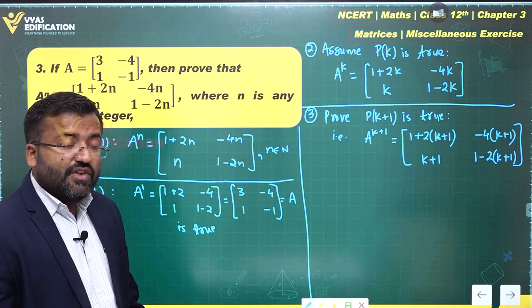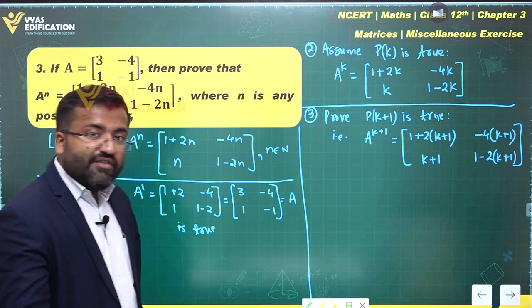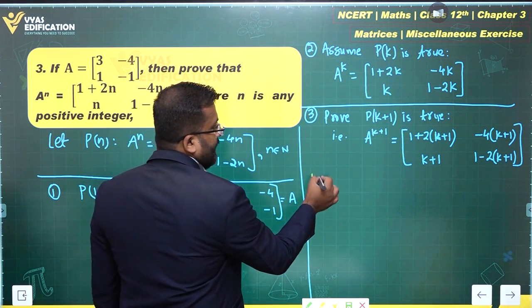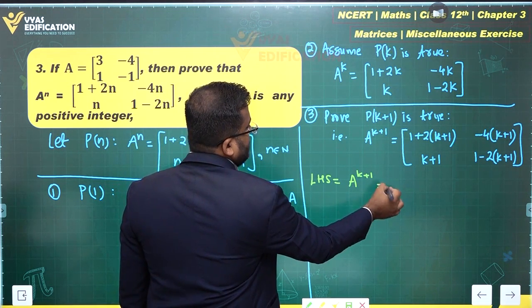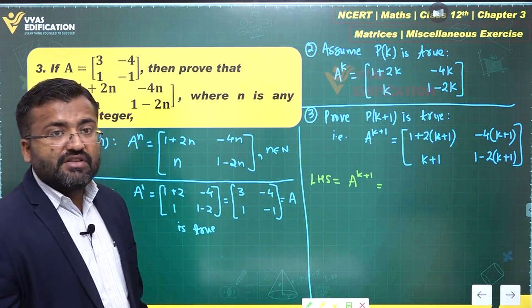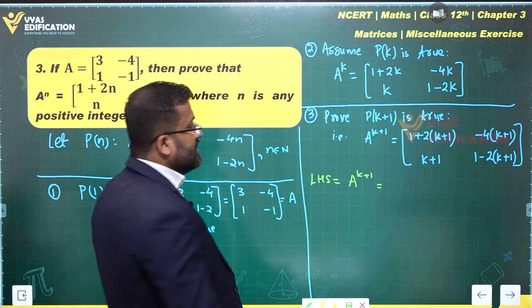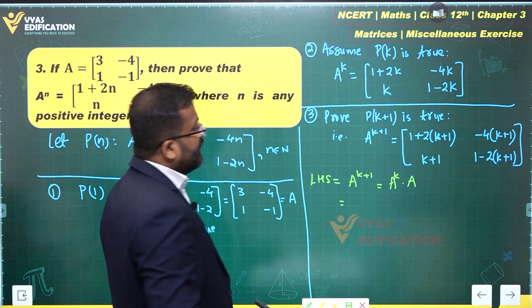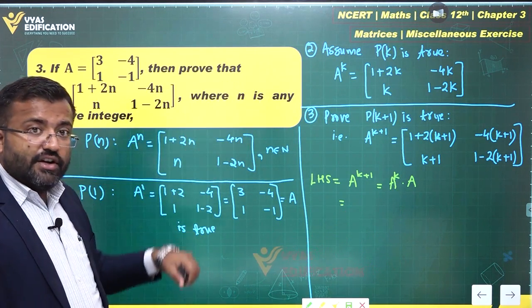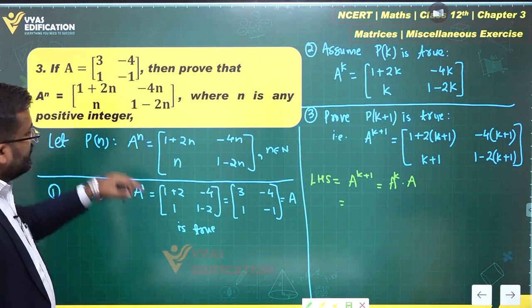For proving this, we have to begin with the LHS. Let's take a look at the proof. A to the power k plus 1 has to be simplified. For simplifying A to the power k plus 1, we know that we have to use A to the power k. So let's write it as A to the power k times A. Now A to the power k is already known, and A is already known. Let's use them.